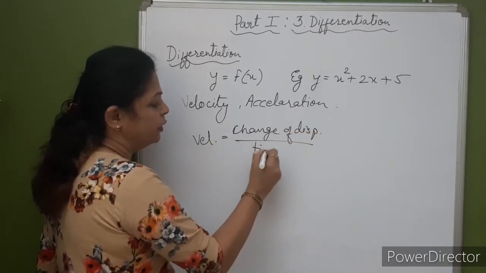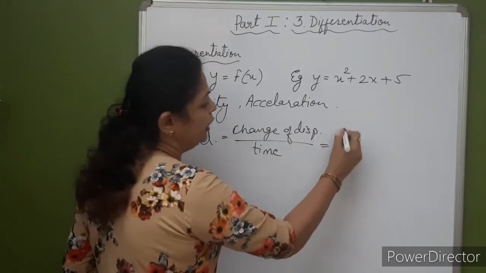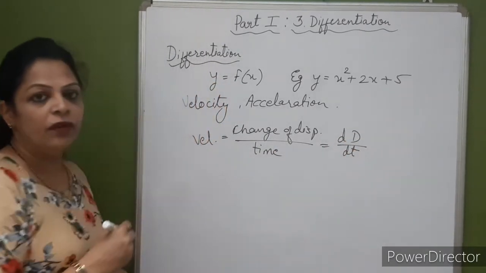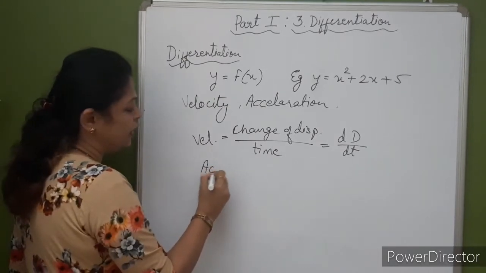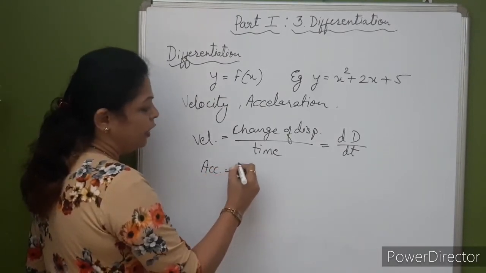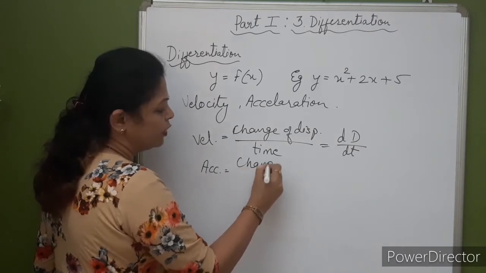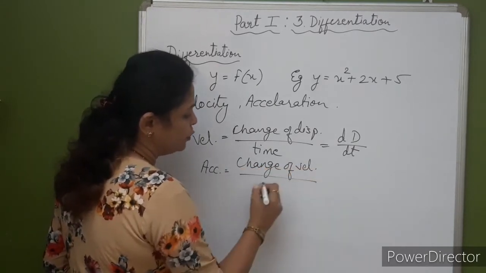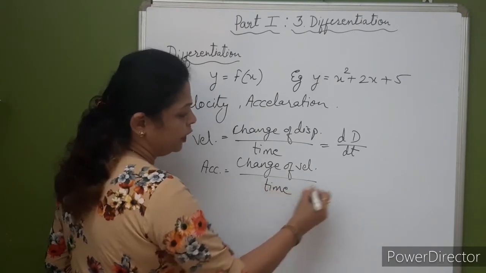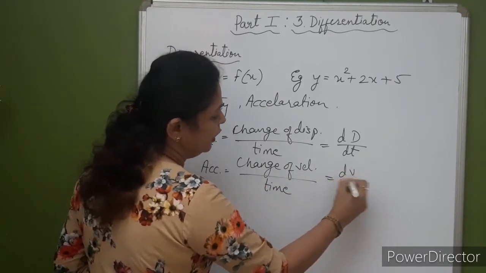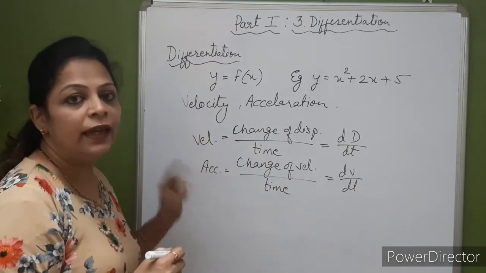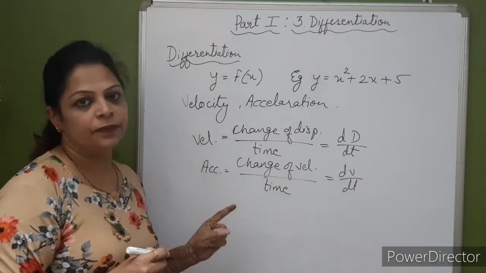So how we write? ds by dt. This is your velocity. What is acceleration? Acceleration is rate of change of velocity with respect to time. That means we write this as dv by dt. So these are all nothing but the derivatives of the functions.